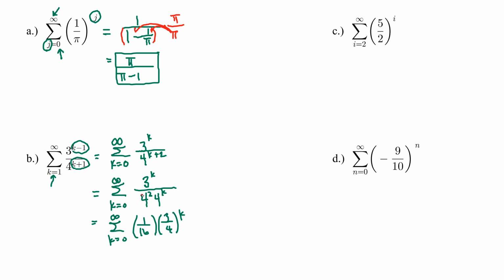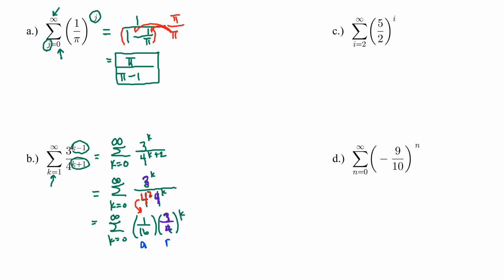So this 4 squared in the denominator yields this 1/16. Then the 3 over 4, they share the same exponent, so I can group those together as a quotient and raise the entire quotient to the kth power. This tells us that a is 1/16 and r is 3/4.